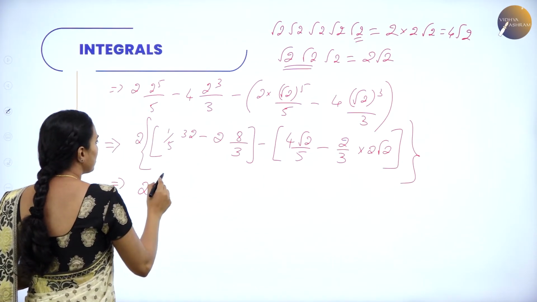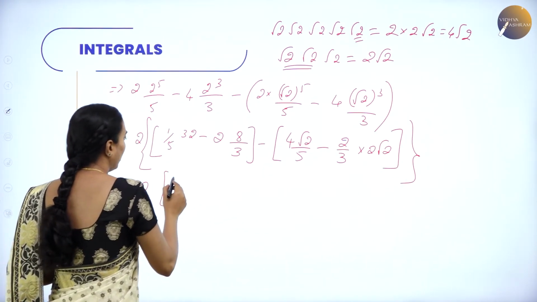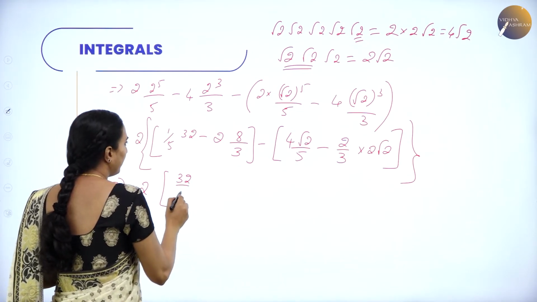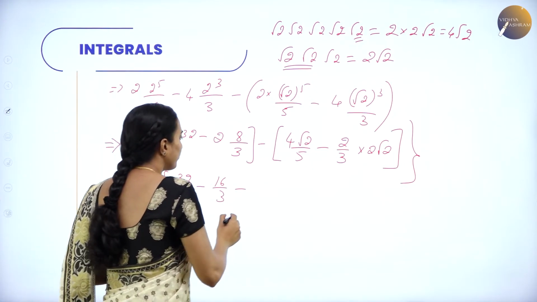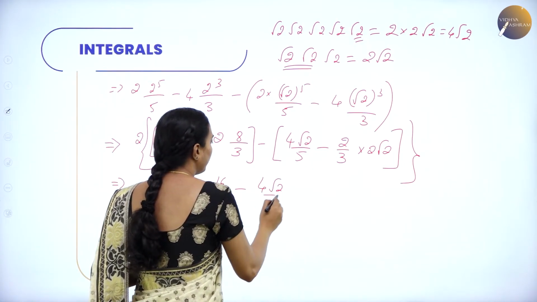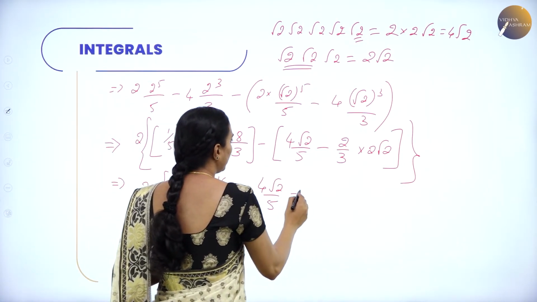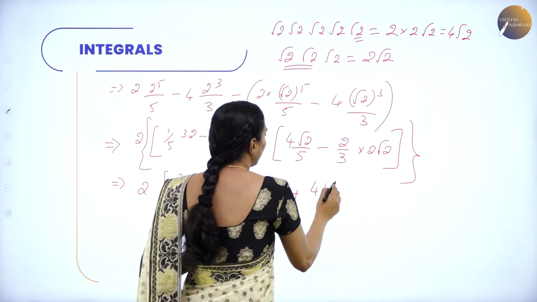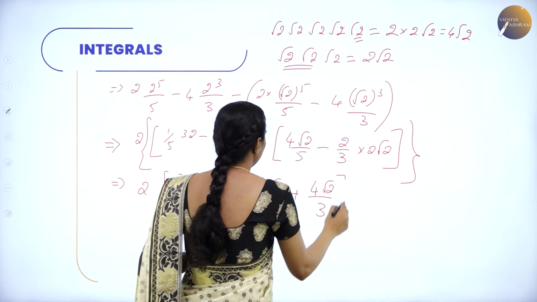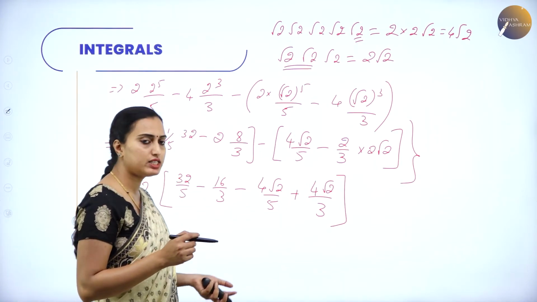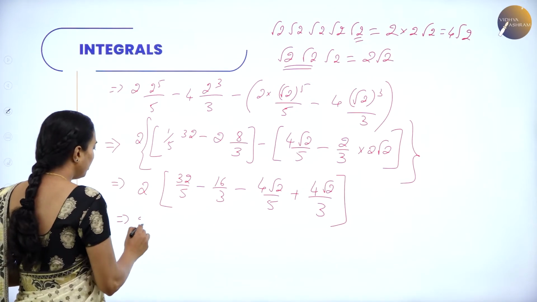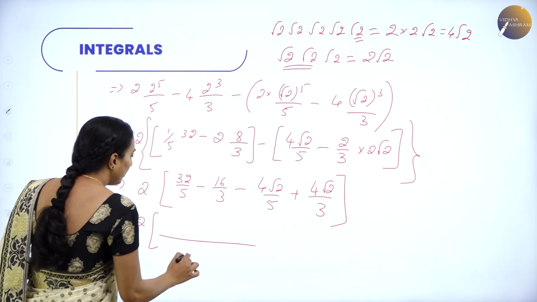So you can open up the minus sign now: 32 divided by 5 minus 16 divided by 3 minus 4 root 2 divided by 5, minus into minus is plus, 2 2s are 4 root 2 divided by 3. Now you can close the bracket. See, 5 3s are 15 as the LCM, so you can write 2 into 15 as the LCM.